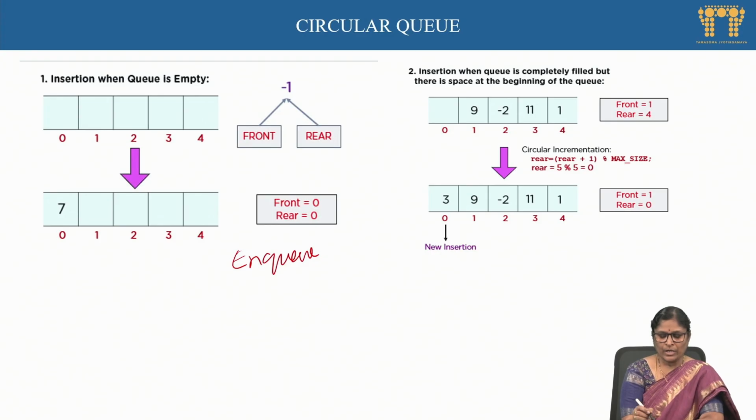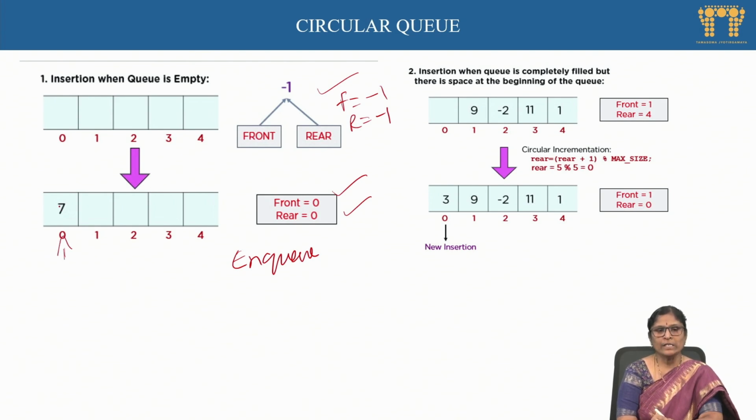Initially, whenever the circular queue is empty, front is equal to -1 and rear is equal to -1. Then if you want to perform an enqueue operation, we have to set both the front and the rear to 0. Now you start inserting from the rear end.